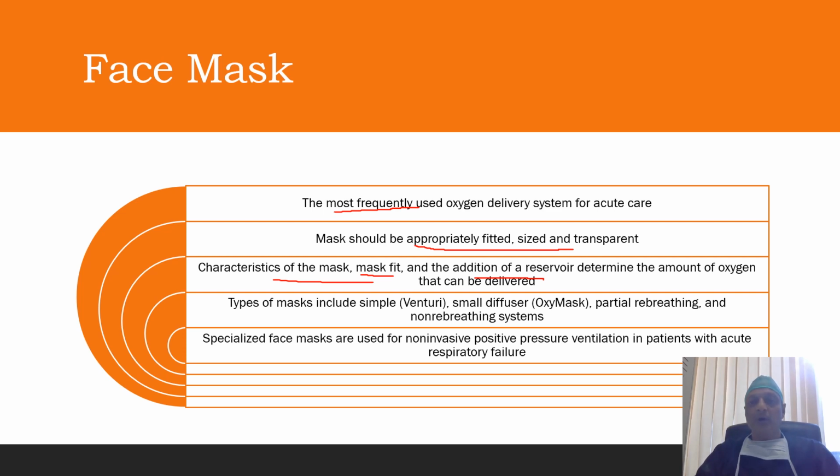Here it is important to emphasize the relevance of mask fit and mask size because these variables affect the effectiveness of oxygen delivery. Types of mask include simple mask, small diffuser mask, partial rebreathing mask, and non-rebreathing mask. Specialized face masks are used for non-invasive positive pressure ventilation in patients with acute respiratory failure.